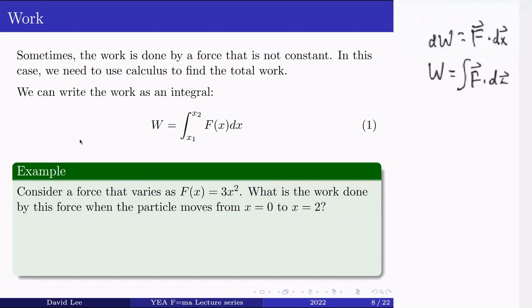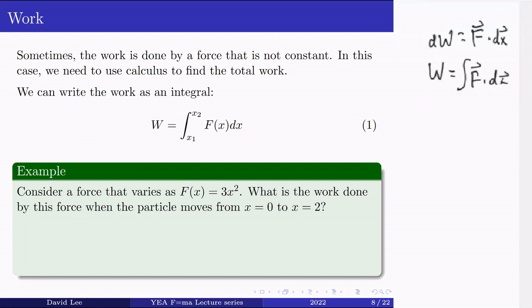This probably won't show up too often on the F equals MA unless it's asking you to integrate a graph, which I'll talk a bit about.